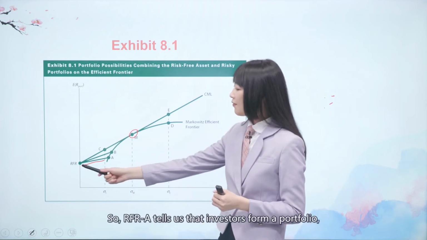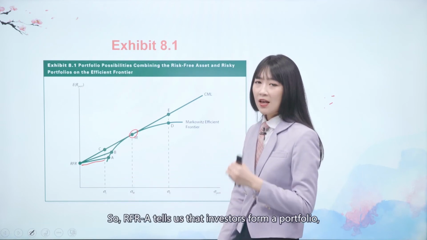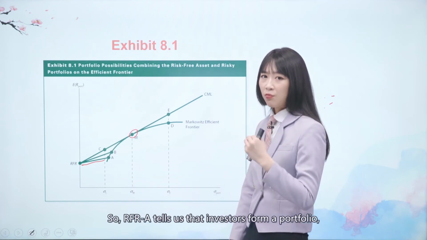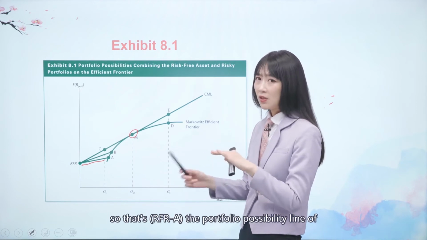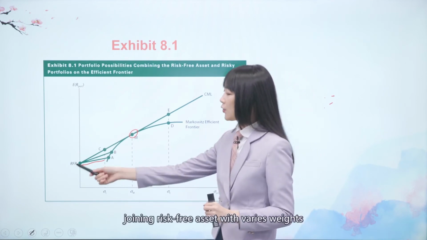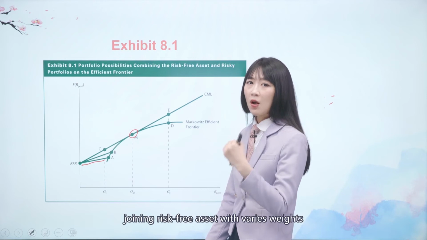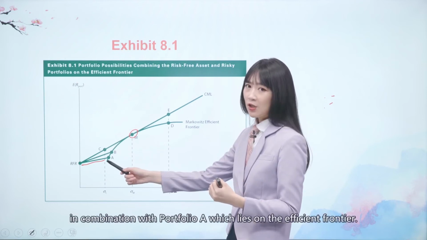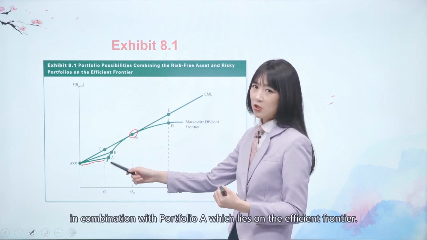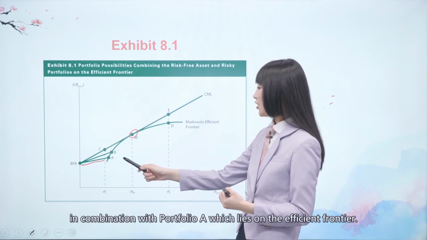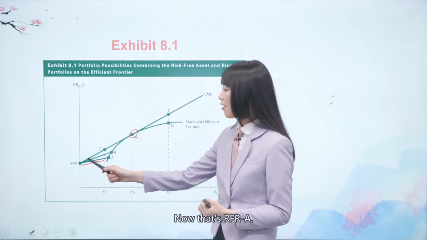So RFRA tells us that investors form a portfolio. That's the portfolio possibility line of joining the risk-free asset with various weights in combination with portfolio A, which lies on the efficient frontier. Now, that's RFRA.